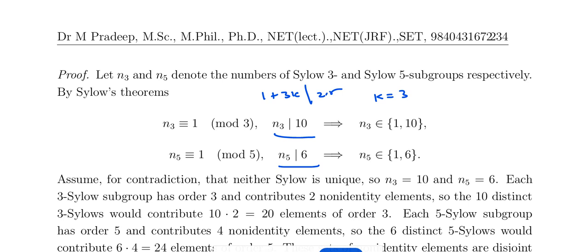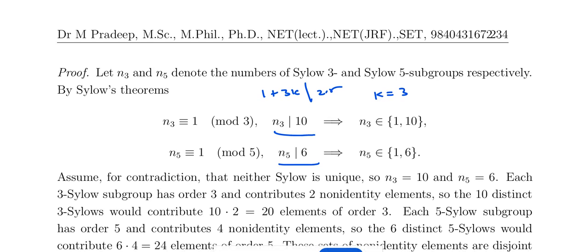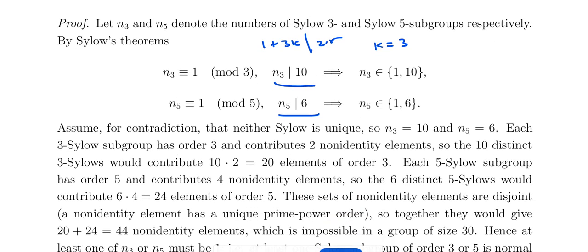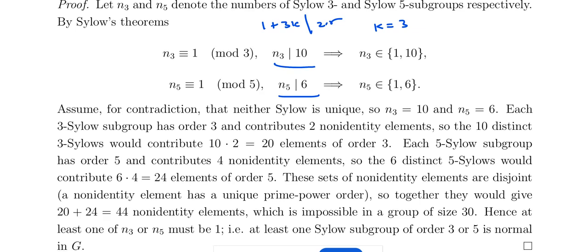Both are not unique. n3 is congruent to 1 mod 3 and n5 congruent to 1 mod 5, as well as n3 divides 10, n5 divides 6. So n3 belongs to 1 or 10, and n5 belongs to 1 comma 6. So that is, both the 3 Sylow subgroup and the 5 Sylow subgroup are not normal, that is not simple.